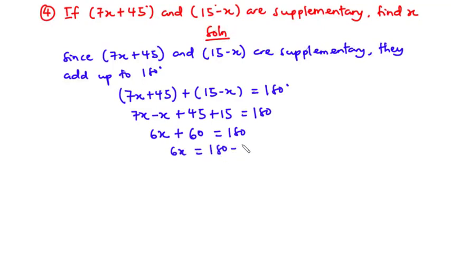We have 180 minus 60, and then 6x equals 180 minus 60 is 120. We divide through by 6, and then we have x equals 6 goes into 12 two times, so we have x equals 20. So this is the value of x, 20 degrees.